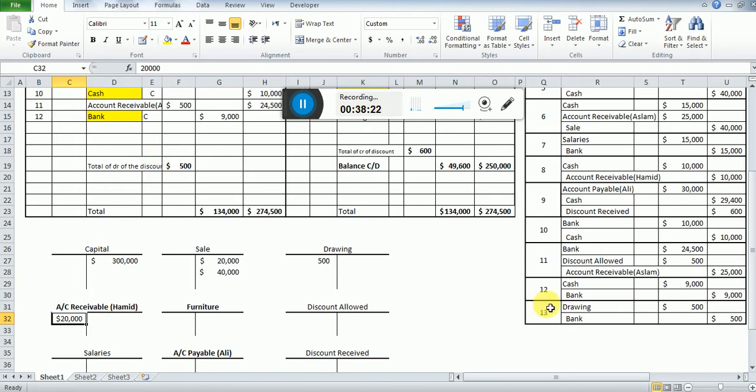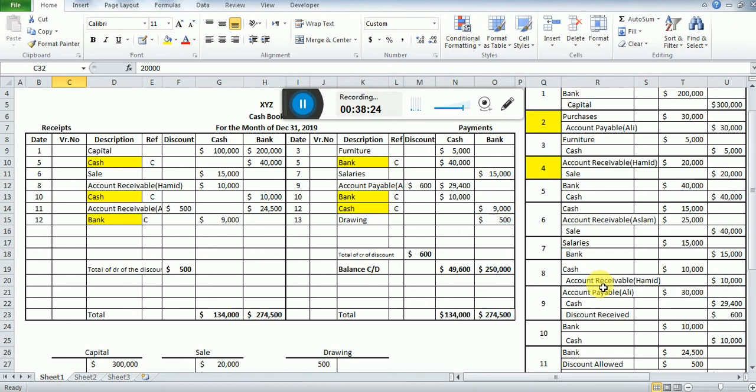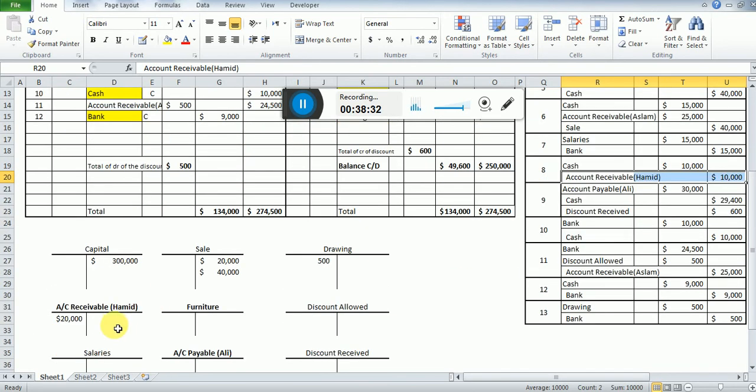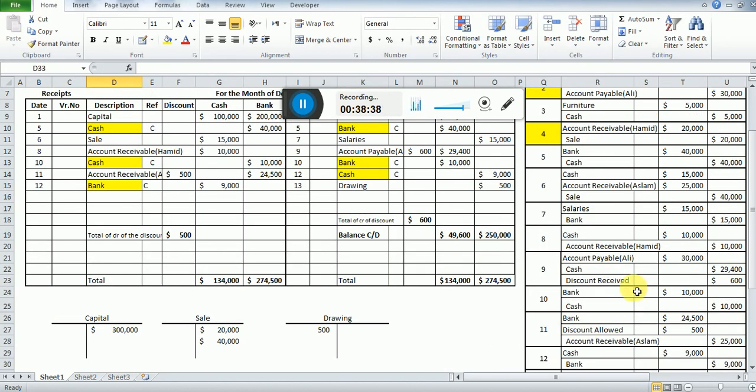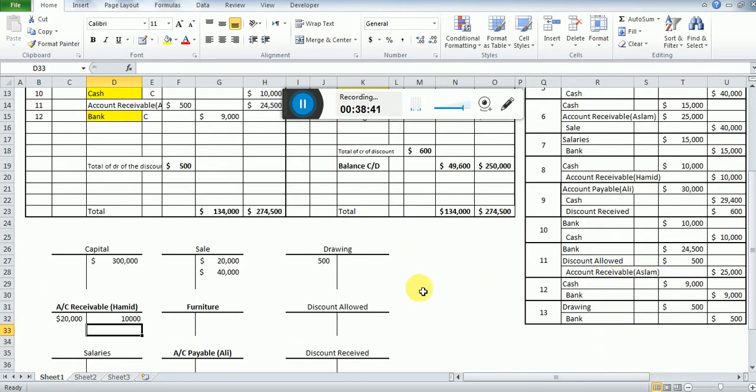Next, account receivable Hamid. Do we have any other? Yes, again account receivable Hamid credited $10,000. So that is why you have to credit $10,000. Do we have any other Hamid account? No. So next is furniture.